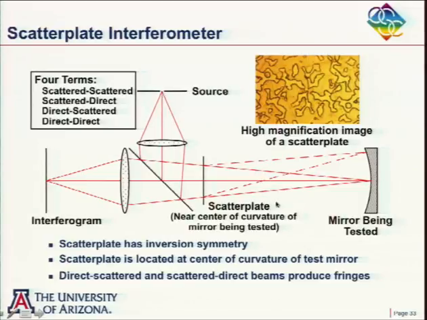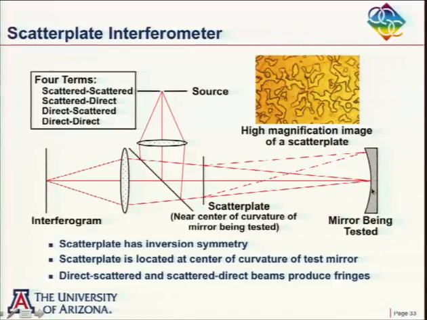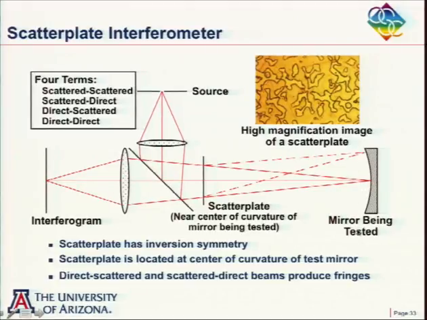This first lens is going to image the source onto the mirror being tested. It doesn't have to be a great image at all. We'll worry about that in a little bit. Then this lens here will image the mirror that we're testing back here where we're going to see the interference pattern. And since the source was imaged here, the source is also going to be imaged back there.